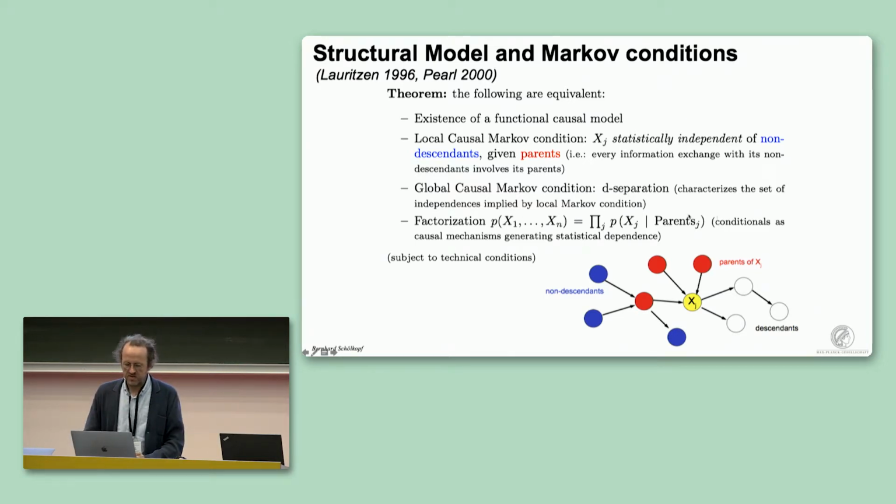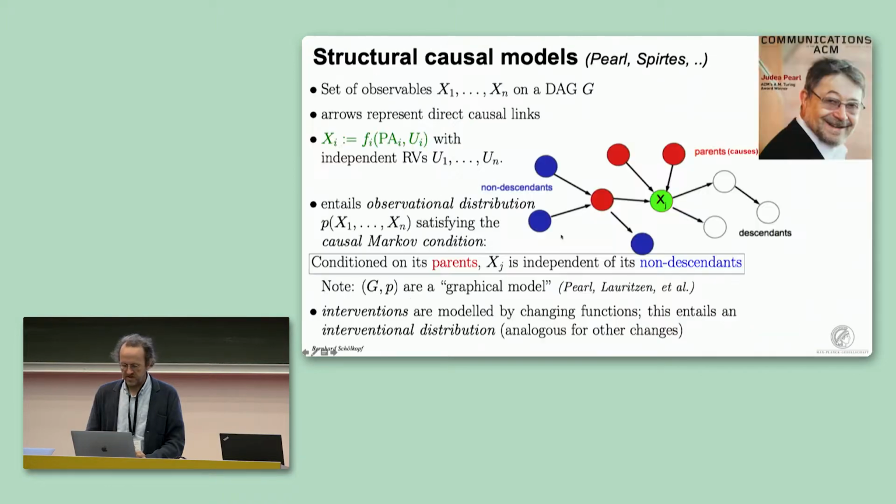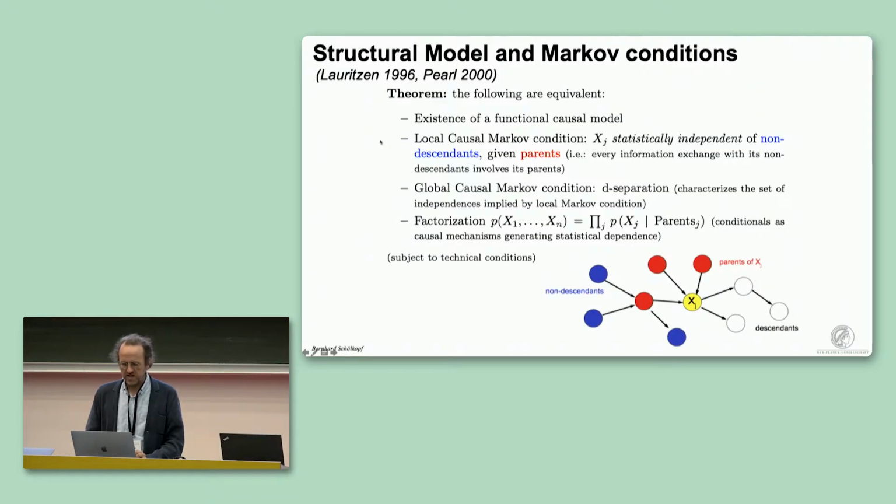More important for us in this talk is that it also implies a certain type of factorization of the joint probability distribution. If we have this graph, and the dependencies are generated using these kinds of functions where each node depends only on its parents, then we can write the joint distribution as a product over conditionals where each conditional is conditioning only on the parents of that variable.